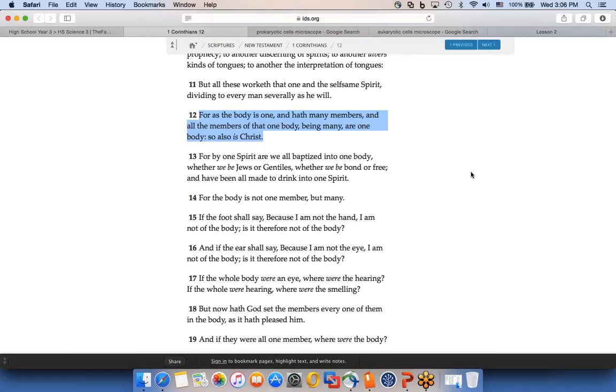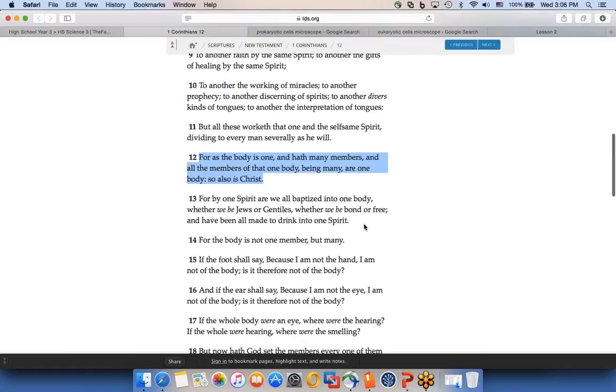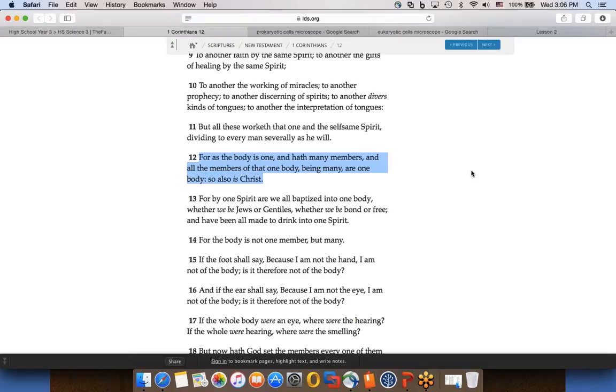So this chapter is the doctrinal reason why we call ourselves members of the church. I want you to read this chapter and think about what it means to be a member of the church.